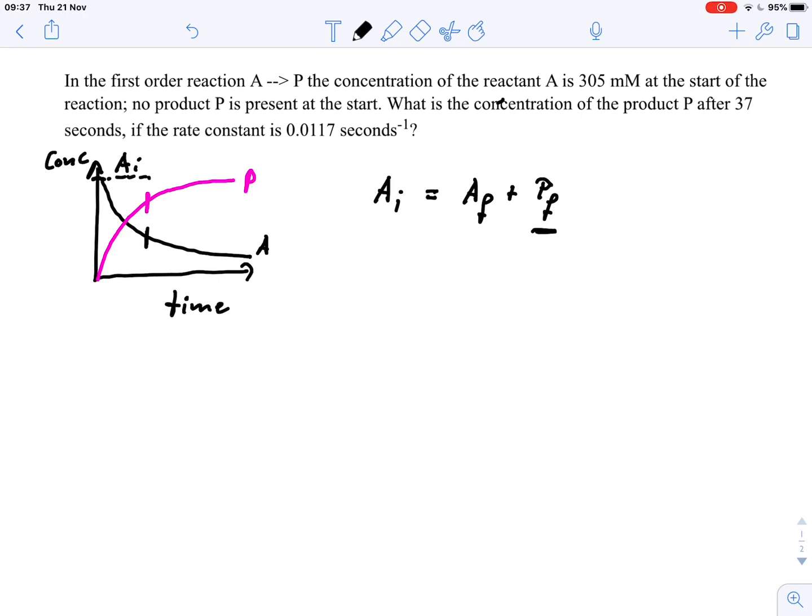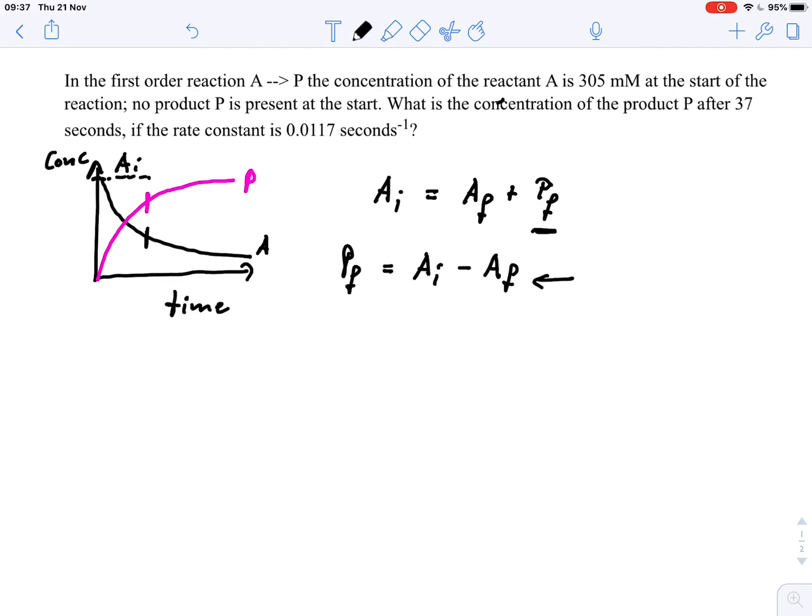So what we can do is simply rearrange this equation and say P final, our concentration of P at any given time point, equals the initial concentration of A minus the final concentration of A. That's the concentration of A at that time point.